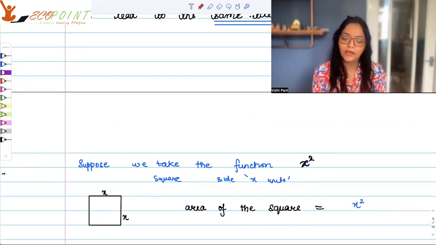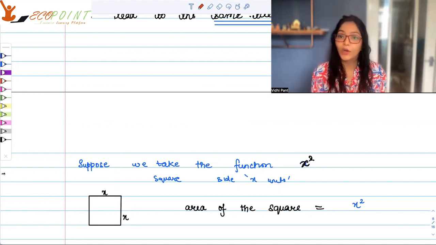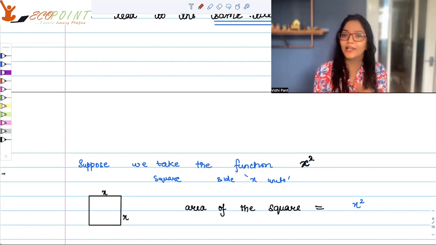Great. Now the whole idea is what happens when I make some changes in x. That's the whole idea when we were working on rate of change. What happens when I change a little bit in x? Then what is the impact? So I'm going to see the impact that it gives to my function x square, which actually is the area of the square. So हम क्या करेंगे?